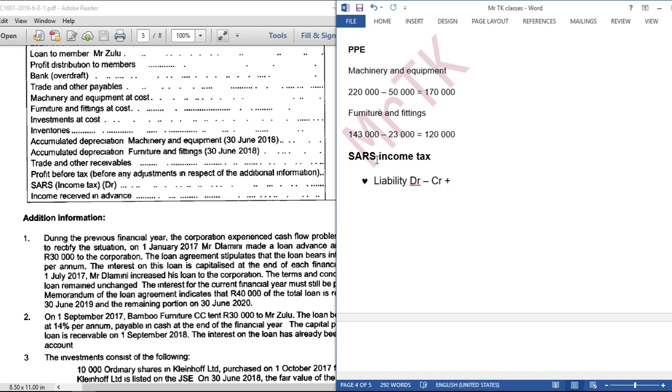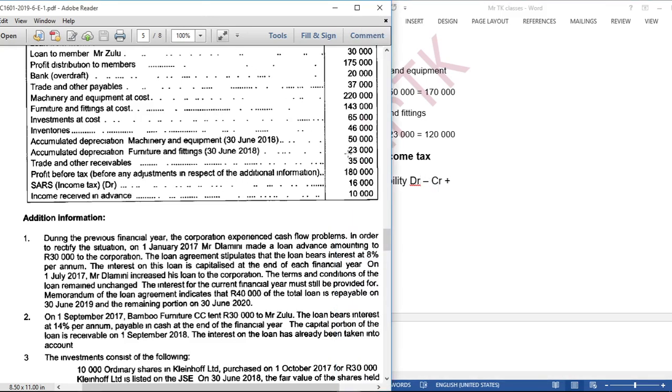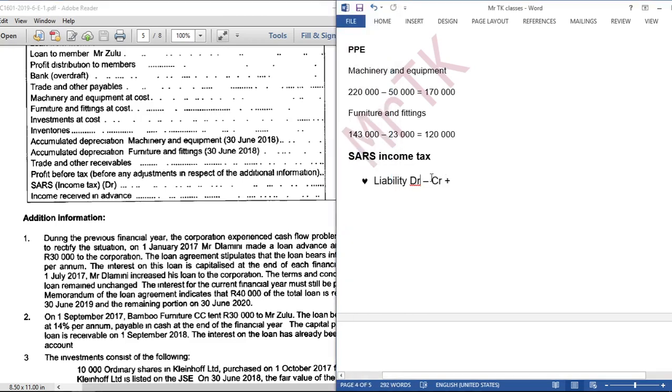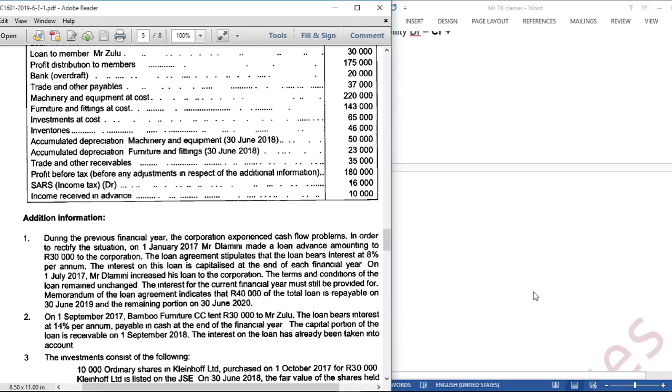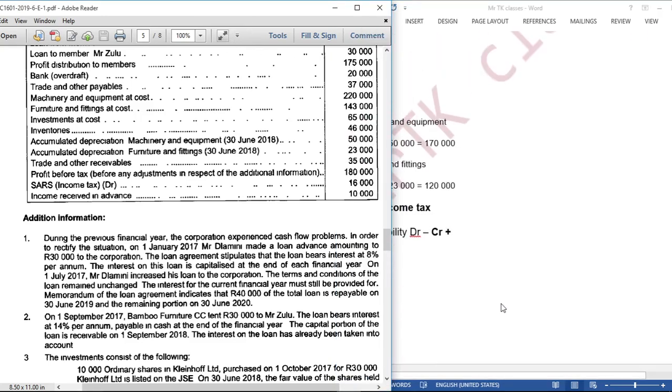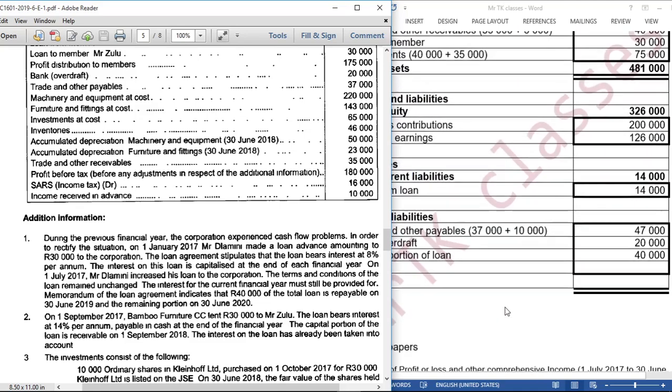Now when they reflect it with the DR here, it means this amount is not a liability, because remember a liability has a credit balance. It's an asset, which means we should have included this amount under assets.